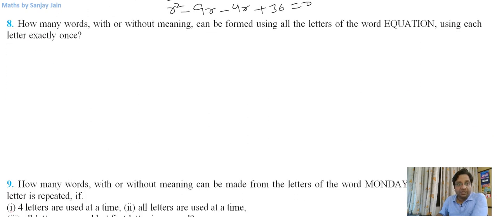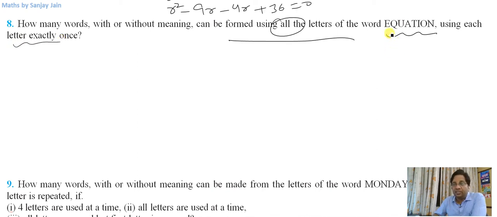How many words with or without meaning can be formed using all the letters of the word EQUATION, using each letter exactly once. So I have to use each letter exactly once and form words with or without meaning. So let us see. 1, 2, 3, 4, 5, 6, 7, 8. I have got a total of 8 letters, right?